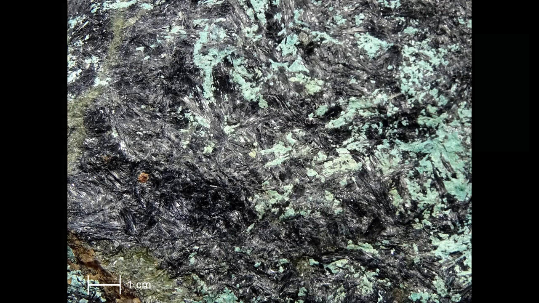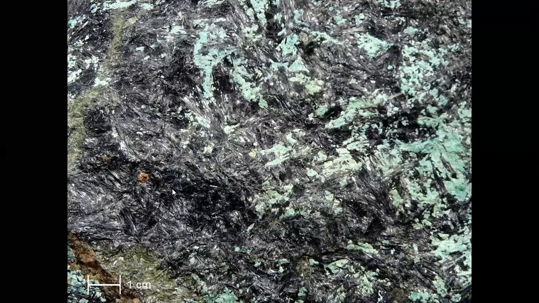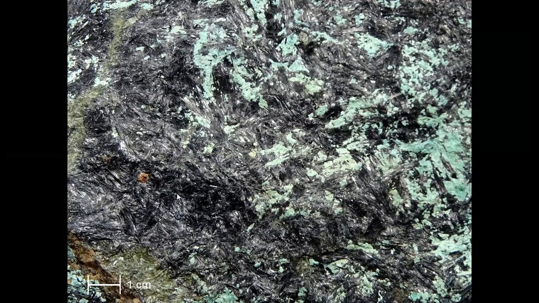And glaucophane gives its name to the glaucophane metamorphic grade, the glaucophane facies, or because this is blue and the arrangement of all the cleavage planes in these blades looks rather like schist, the metamorphic facies is blue schist facies.